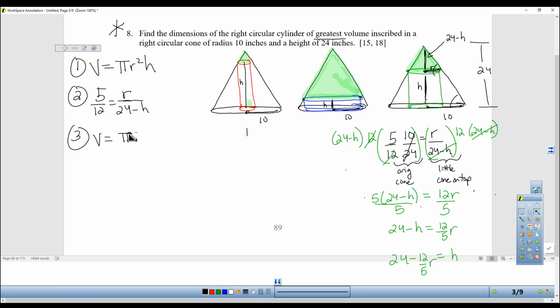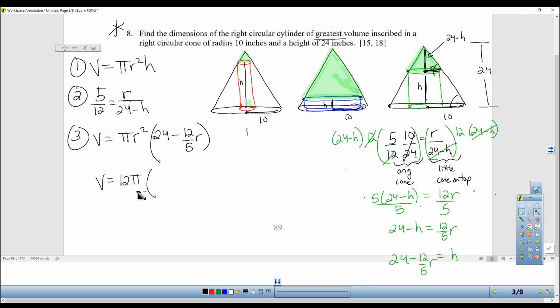Volume is equal to pi r squared times 24 minus 12 over 5 r. So I actually am going to factor out the 12 because I think that's going to make my life easier. And I'm going to factor out the pi. But otherwise, I actually want to multiply through because I don't want to have to use product rule.